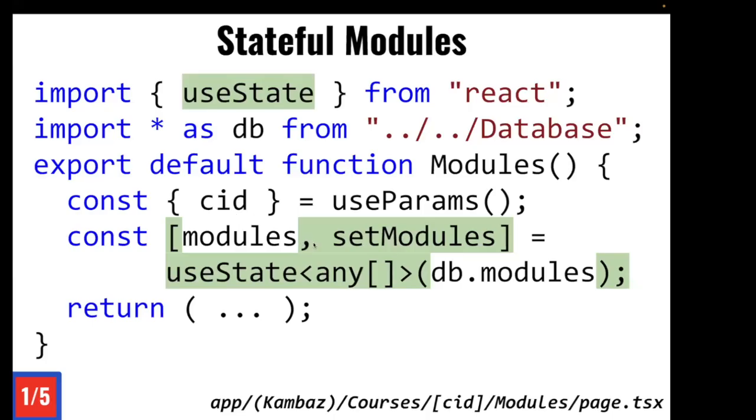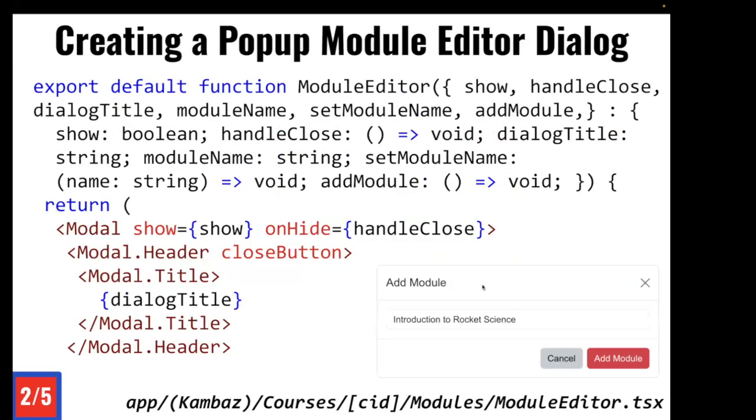So because we want to be able to manipulate these modules, we're going to convert it into a state variable, and it's going to contain an array of modules. Once we have that, we're going to create a couple of components that are going to be tasked with adding or editing the names of the modules.